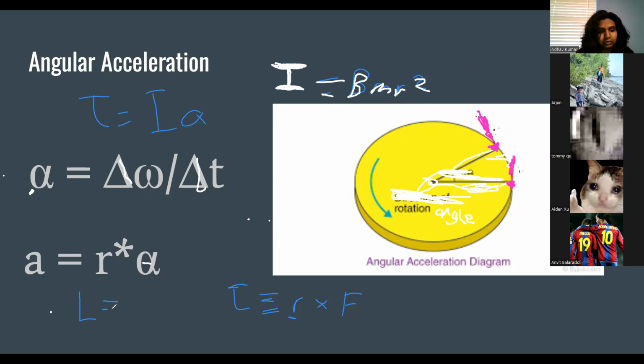And so what's our formula for momentum? Mass times velocity. Right. So what's our rotational version of mass?